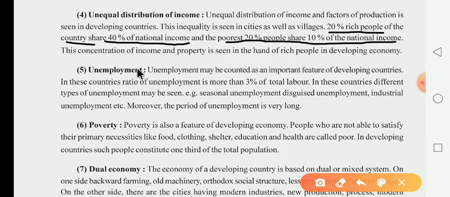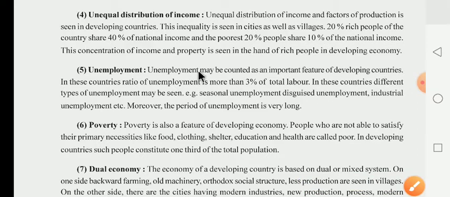Next one is unemployment. Unemployment is counted as an important feature of the developing country. In these countries the ratio of unemployment is more than 3% of the total labor.